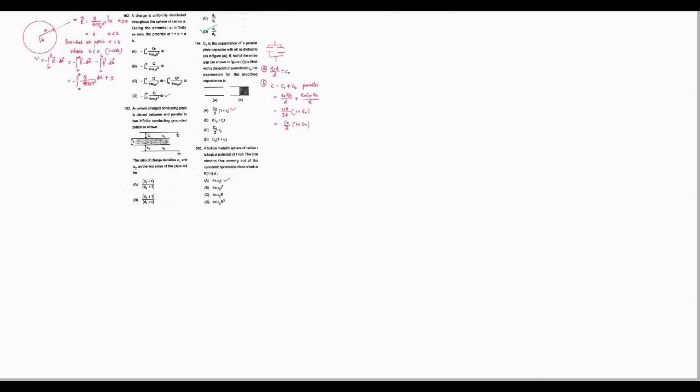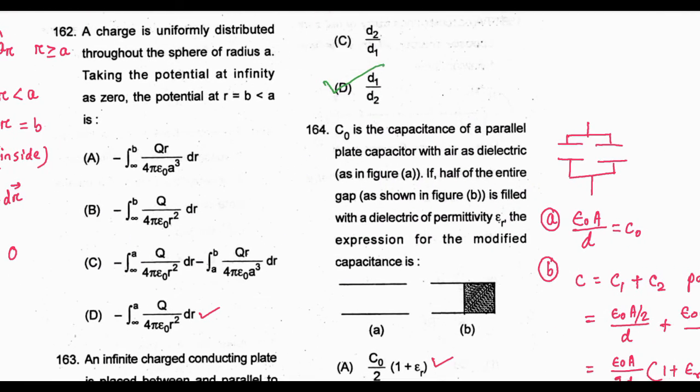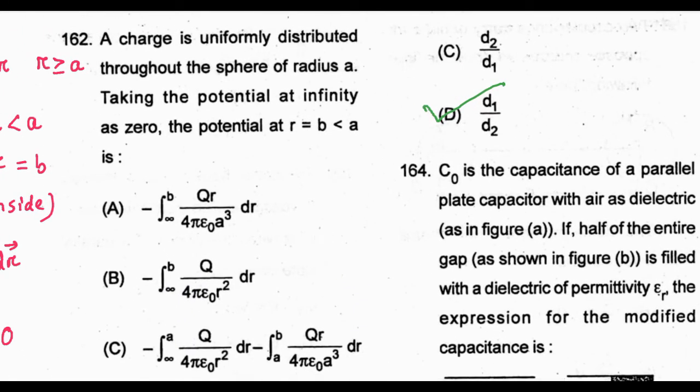Next question is 162. A charge is uniformly distributed throughout a sphere of radius A. Taking the potential at infinity as 0, the potential at R equal to B, smaller than A, is.